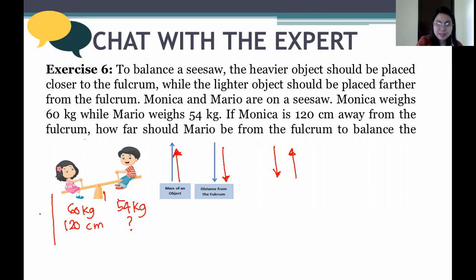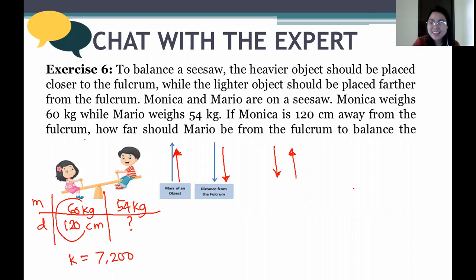Here, the first one is your mass. The second one will be the distance from the fulcrum. So let's solve first for the constant of variation. You multiply the two. 60 times 120. The answer will be 7,200.